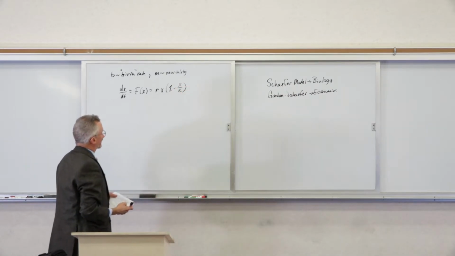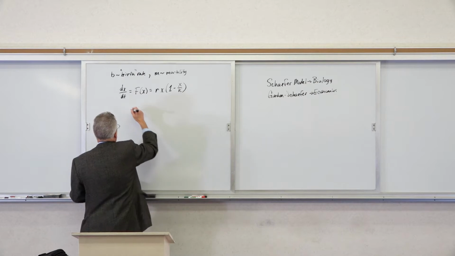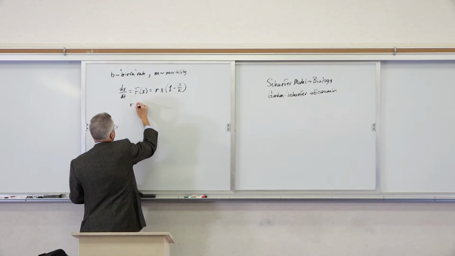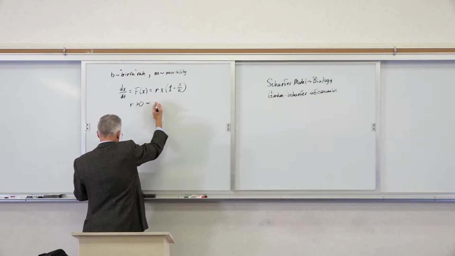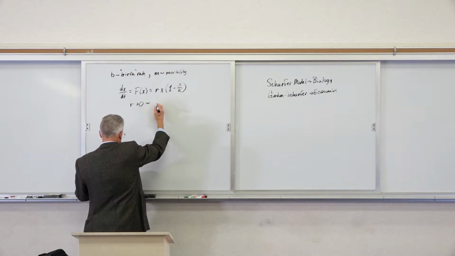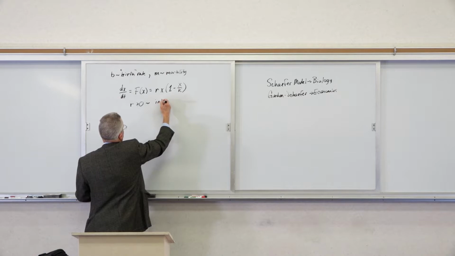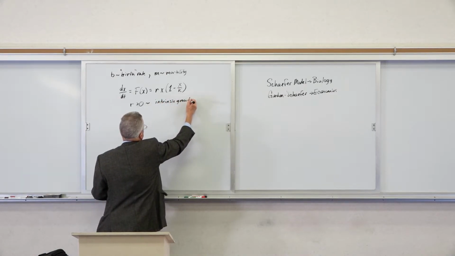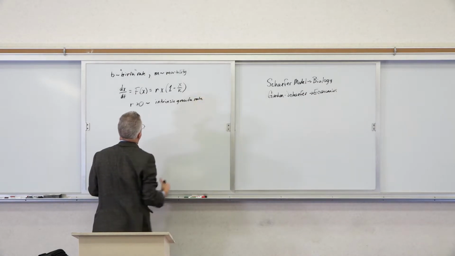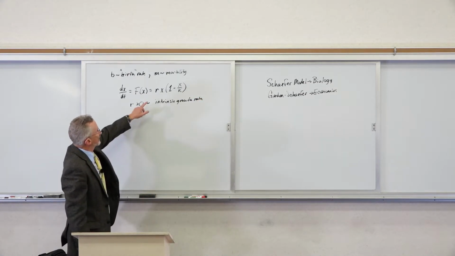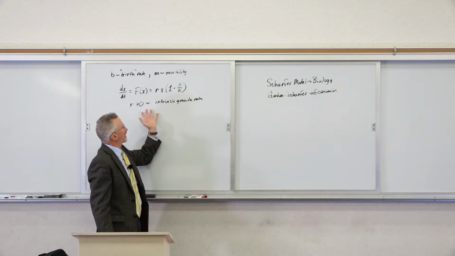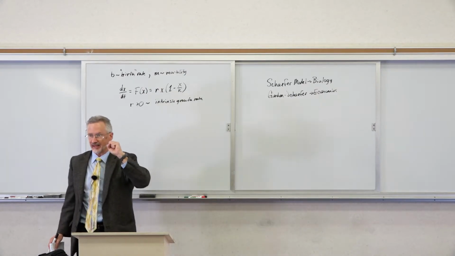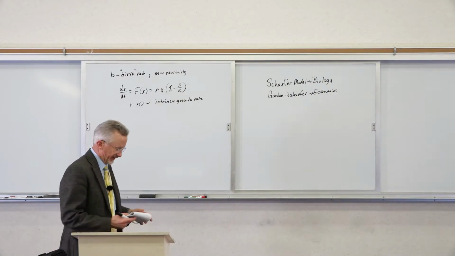Okay, great. What's all that stuff? Well, r is greater than 0, and this is called the intrinsic growth rate. If the population is very small, that's approximately what you get. That approximates what the growth rate will be.